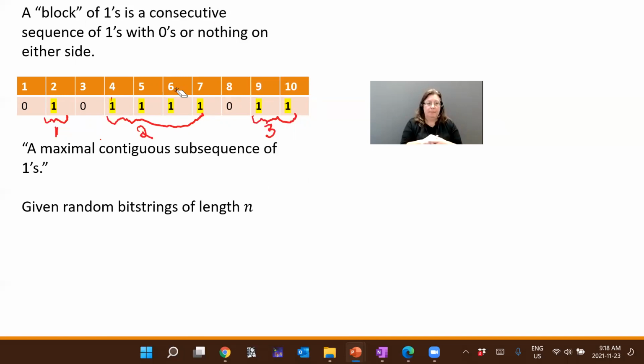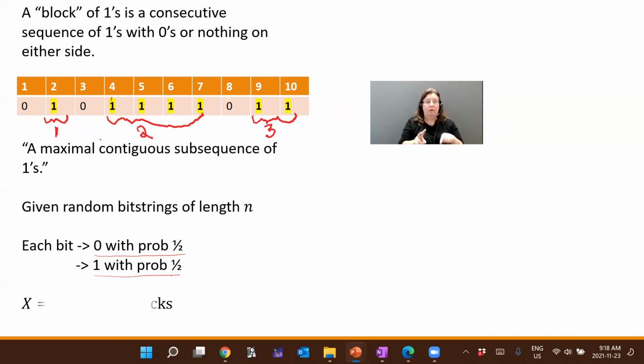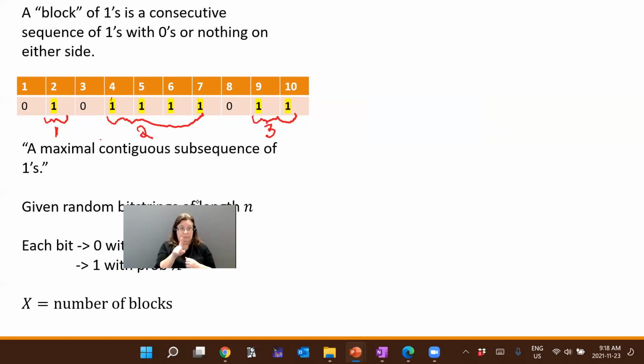Okay, so then the question is, given a random bit string of length n, each bit comes up 0 with probability 1/2 or 1 with probability 1/2. We want to count the number of blocks in our random bit string. Okay. All right. So everybody understand the problem and what we're trying to do?